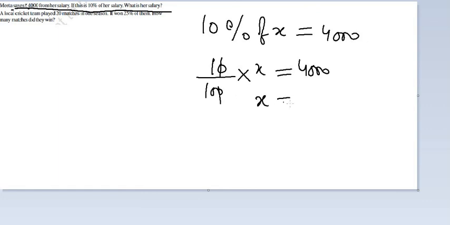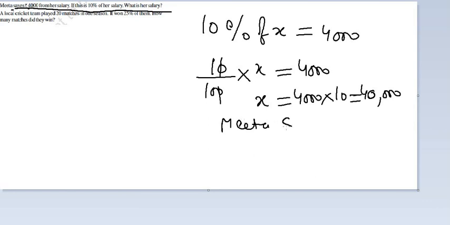So X equals to 4,000 into 10 is 40,000. So this will be the salary of Mita. Mita's salary is 40,000. So this is about the last question.